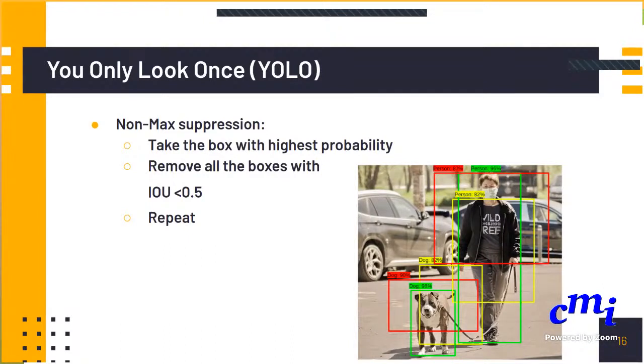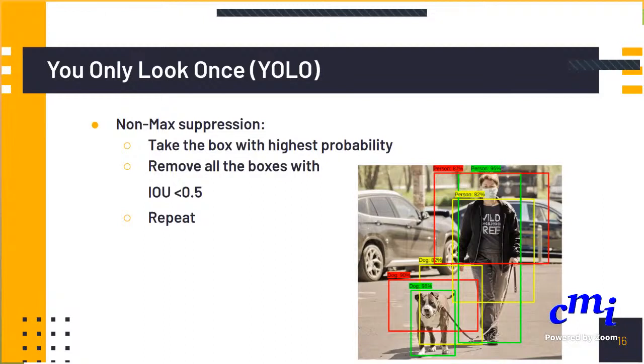Here it is the dog, with 90% probability. After picking it, we calculate the IOU of all the remaining boxes with the box we picked, and then we remove all the boxes whose IOU with respect to our picked box is less than 0.5.